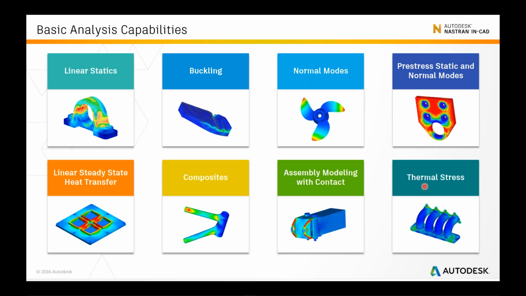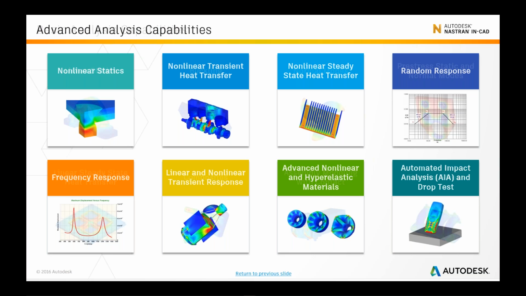But Autodesk goes one step beyond the currently available basic analysis capabilities and empowers engineers and designers to do advanced analysis like non-linear static, non-linear transient and heat transfer, non-linear steady state heat transfer, or checking random response, or checking the component's response when it is subjected to a particular frequency.